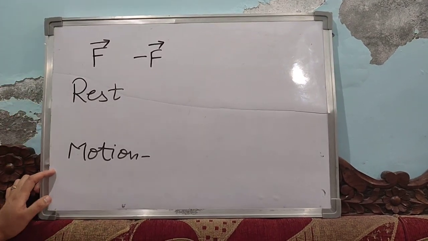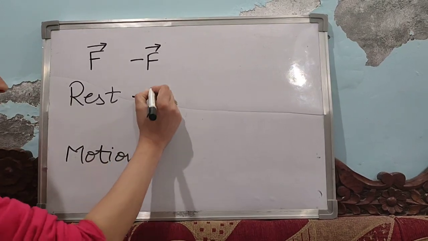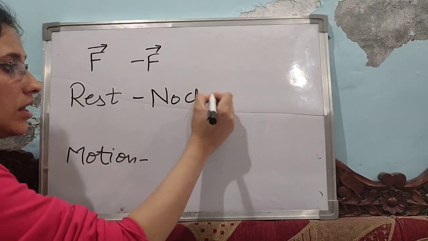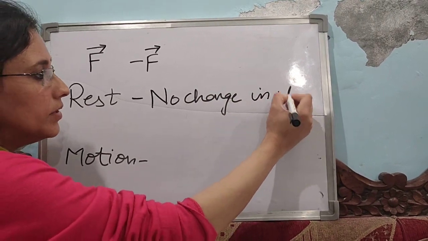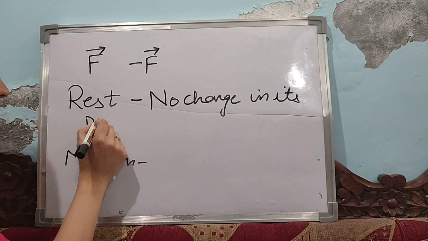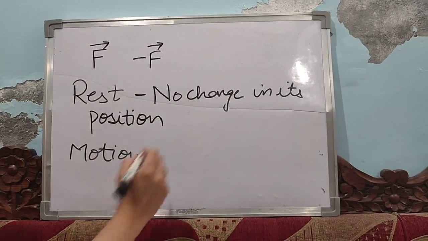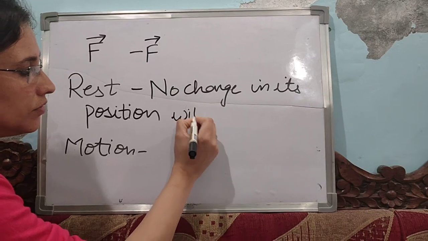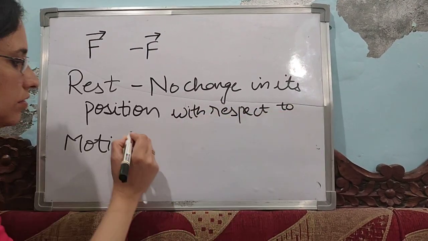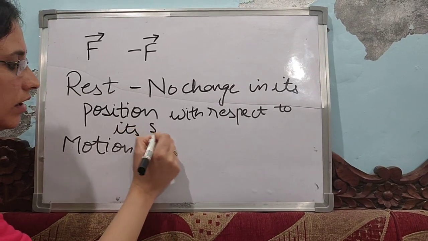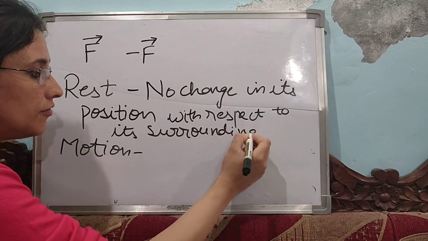Now, when will we say that a body is in a state of rest? When there is no change in its position, that is position of an object with respect to its surrounding, then we can say that object is in a state of rest.